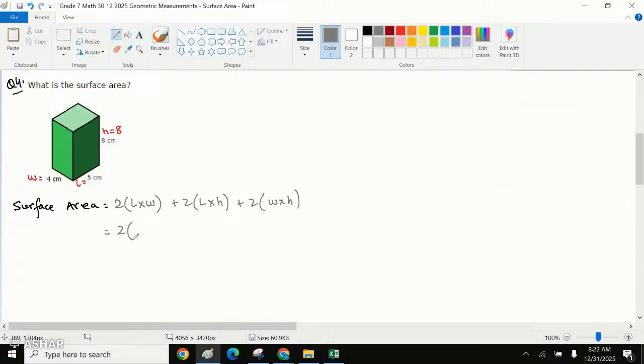The length was 5, width was 4, plus 2 multiplied by the length 5 and height 8. Agreed? We'll look at both options and see that they are the same.